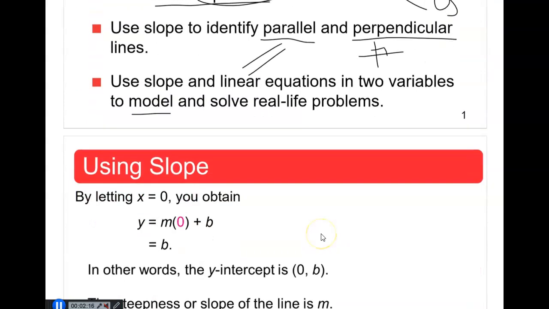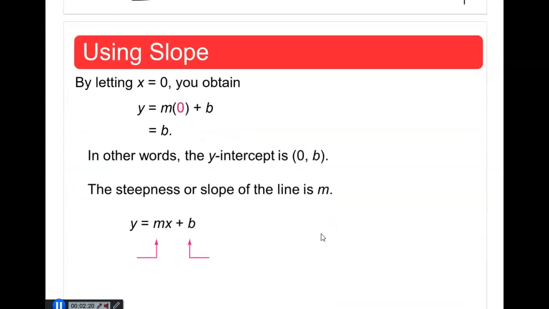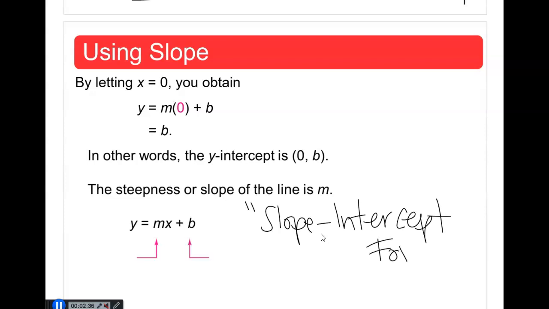So let's get started. The first form that we are going to be looking at is what we refer to as the slope intercept form.